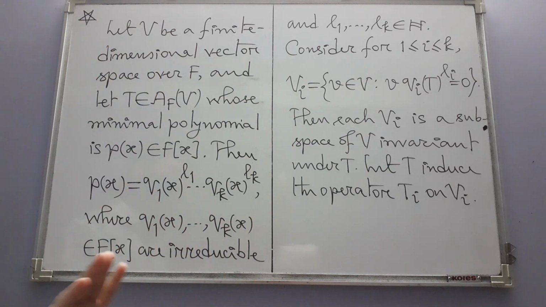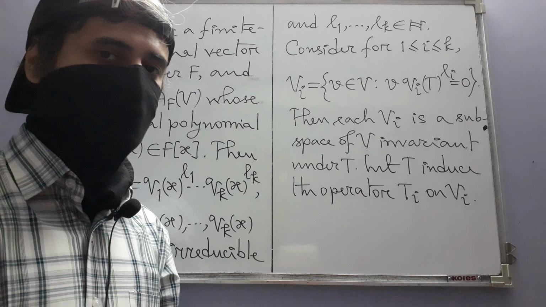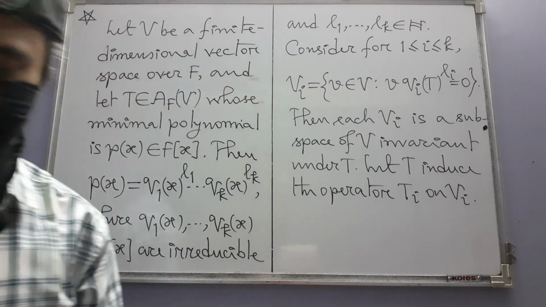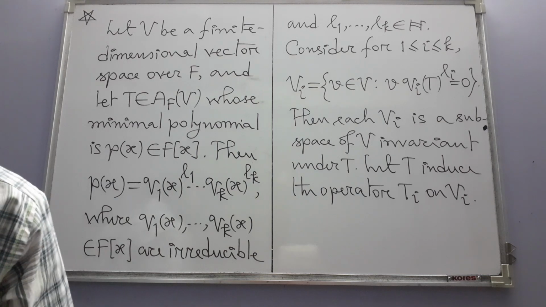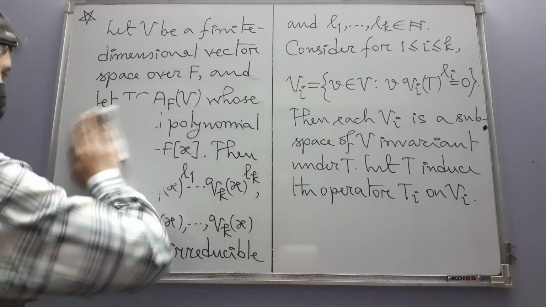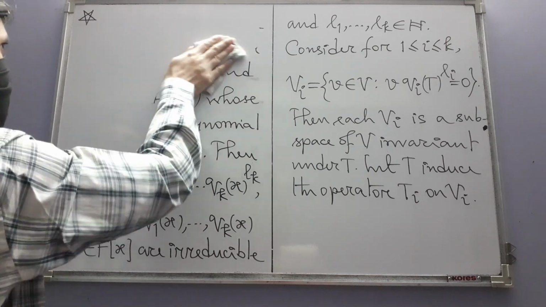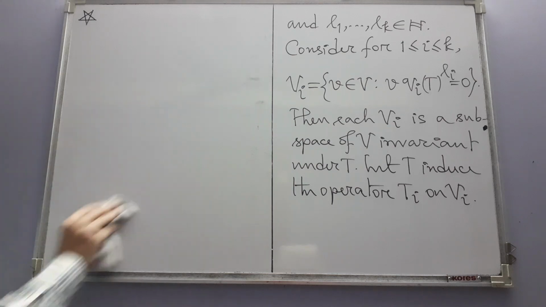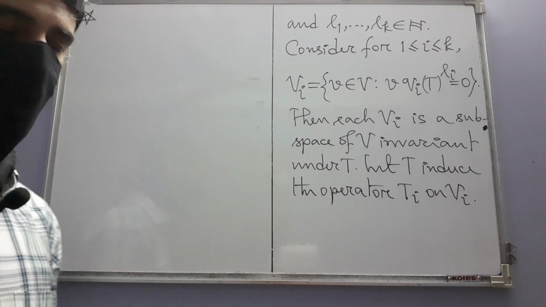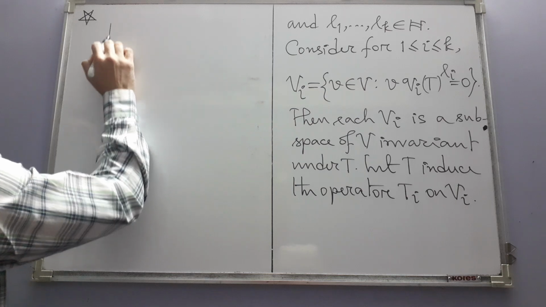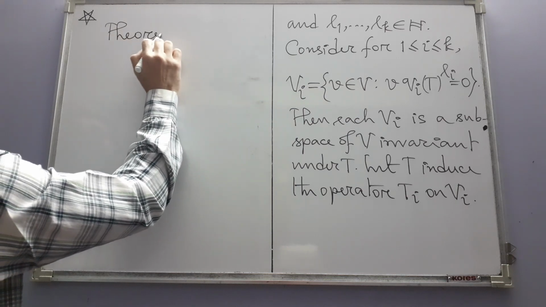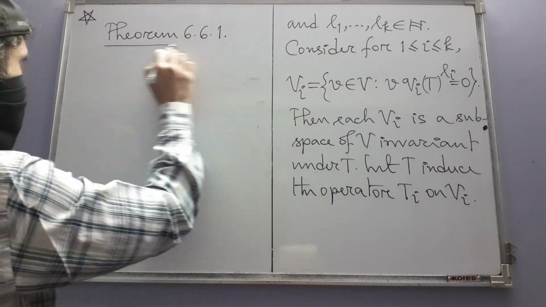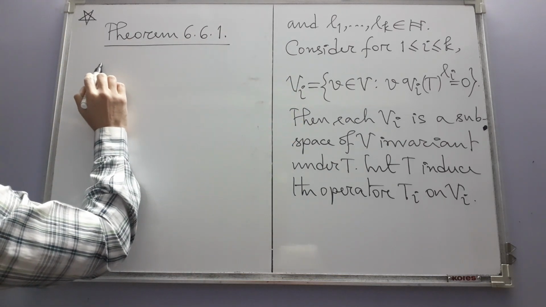So we get operators this, and only after having these things do we see the statement of that theorem. So let's now see what the theorem says. I mean, we of course already know, so let's just recall. So the theorem was 6.6.1. In the context of all these things, this is what the theorem states.